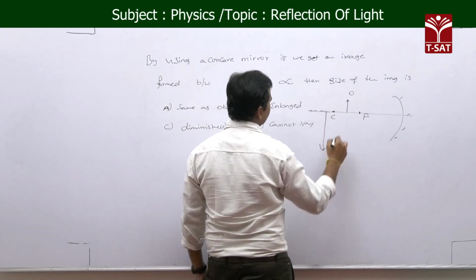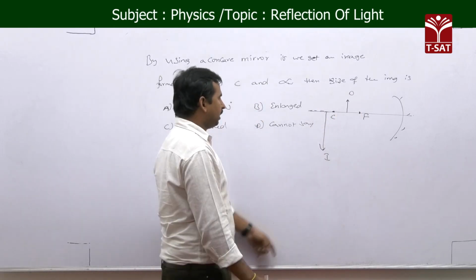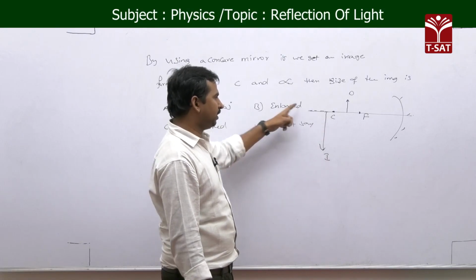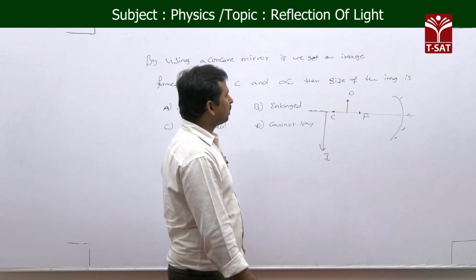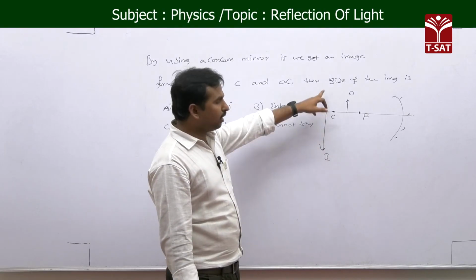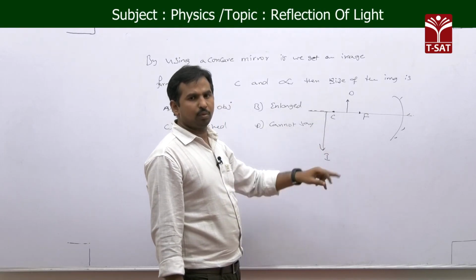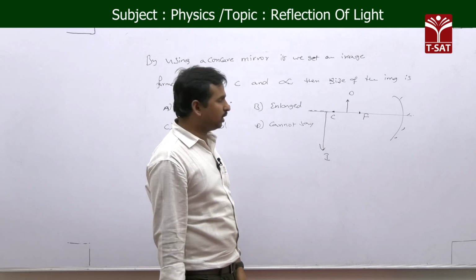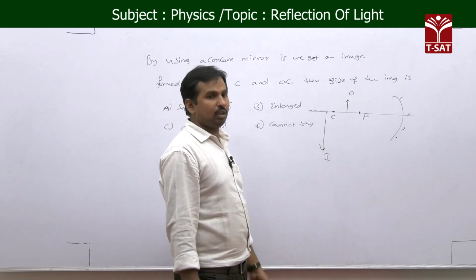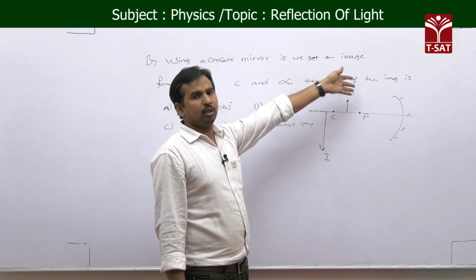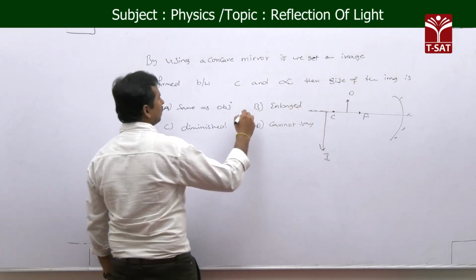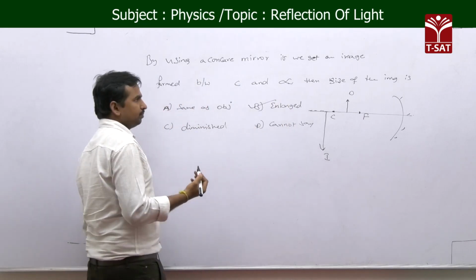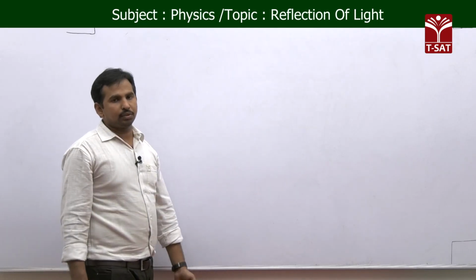If this is the object and this is the image, and that image is in between C and infinity, it means the image formed is an enlarged image. If you remember, this is the fourth ray diagram. So the image formed is an enlarged image, and that too in the very recent 2016 paper.